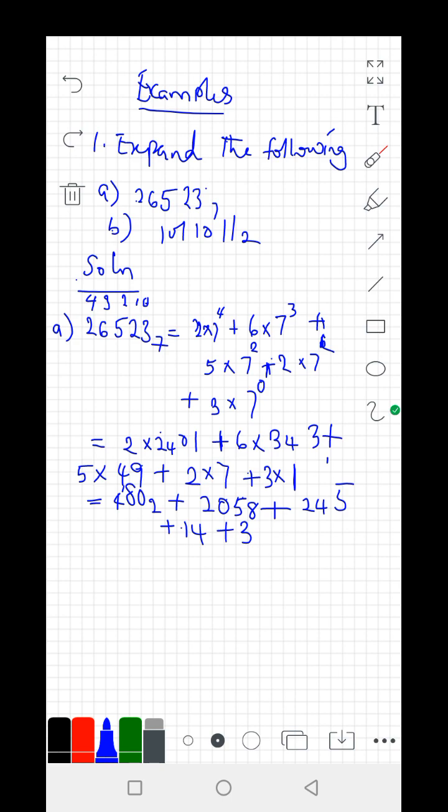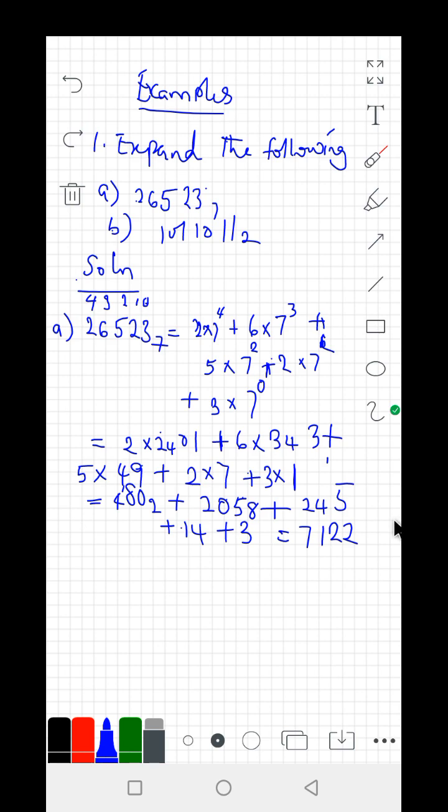Adding all that together, 4802 plus 2058 plus 245 plus 14 plus 3 will give you 7122.